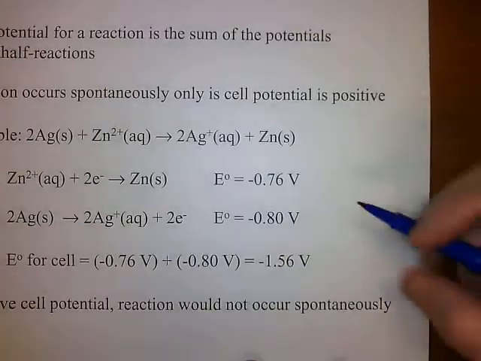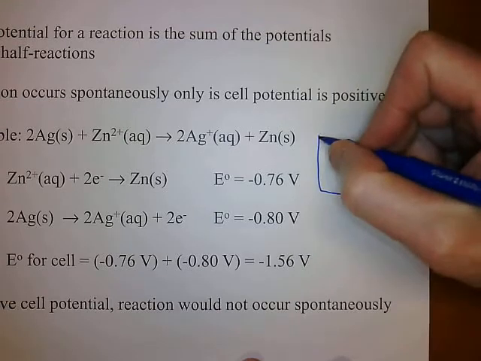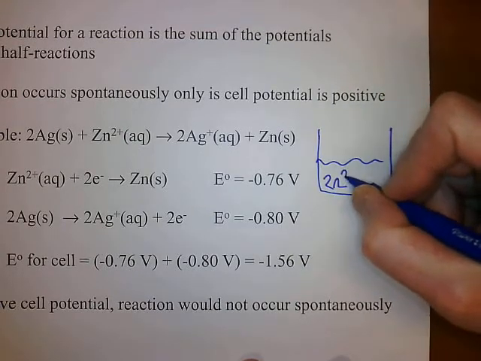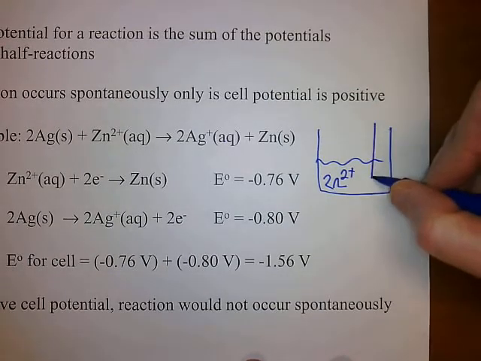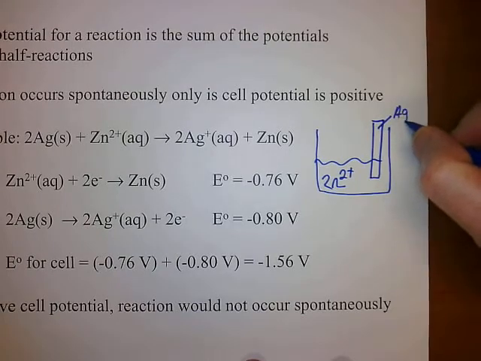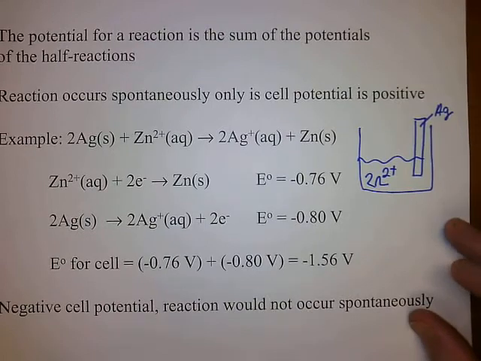So in other words, something like this. We have a solution that has some zinc ion, and what we want to do is put some wire strip made out of silver. Will we get a reaction?